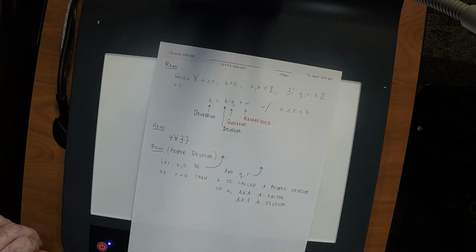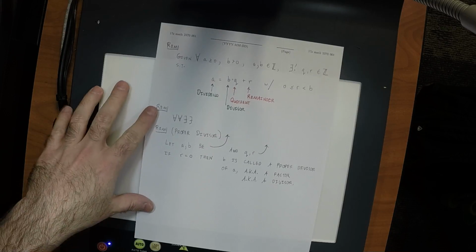So you could say 4 is a proper divisor of 20, 4 is a factor of 20, and you can also say 4 is a divisor of 20. So we were using divisor twice, once in the procedure of division, and then again to say that when you do divide by this, there is no remainder. We'll call it a divisor. If I could go back in history and modify the language, I would, but this is what we have. It's where we are.